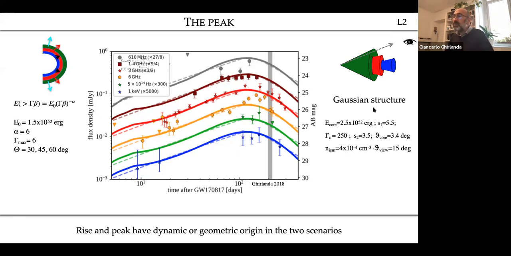If you look at the values of the parameters, they are reasonable. For a Gaussian jet structure, we have a core energy which is that of typical cosmological gamma-ray burst jets. We have a bulk Lorentz factor which is typical, like the one that we discussed yesterday. The opening angle of the core itself is a few degrees, as those that we measure for a few short GRBs and for a larger number of long ones.